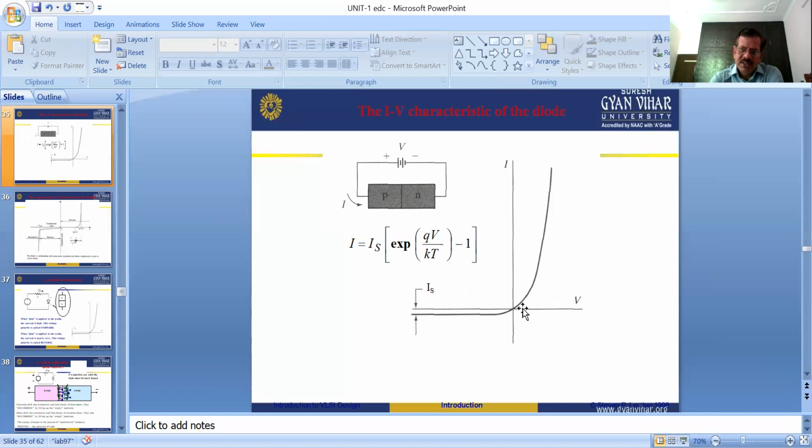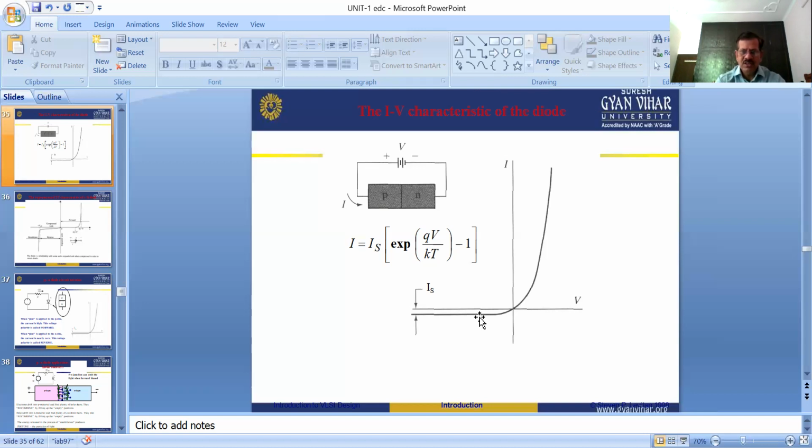In the reverse bias condition, the diode is in the off state, so there is no current flow. In the third quadrant, we increase the voltage but there is no increase in current. Only a very small current flows in the reverse bias condition.